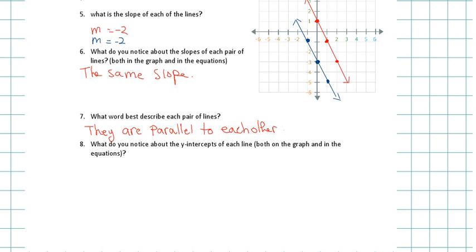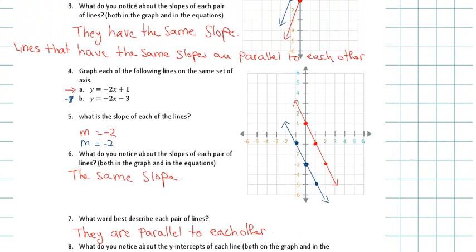What do you notice about the y-intercept of each line? They're different, right? They're not the same y-intercept. If you look right here, your y-intercept is 1, and here it is -3. On the above one, it was -1 and 2.